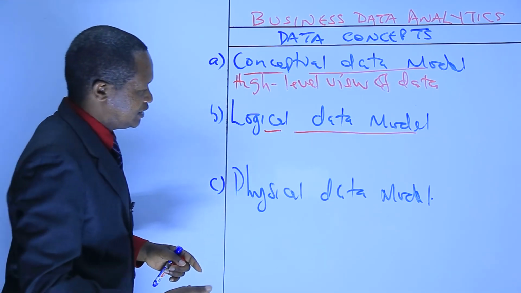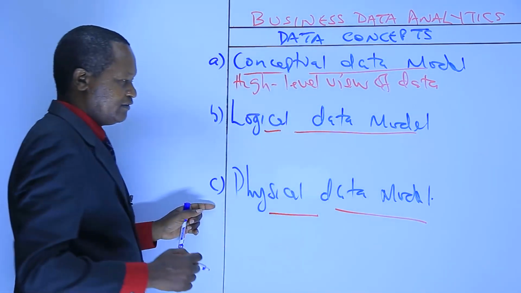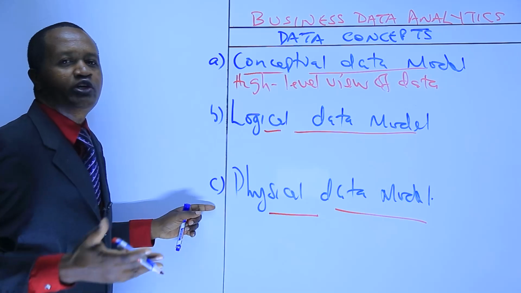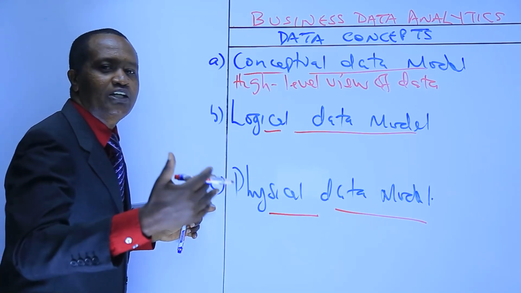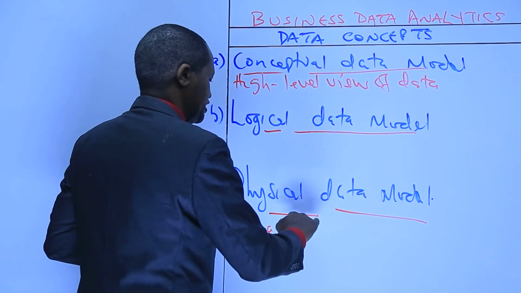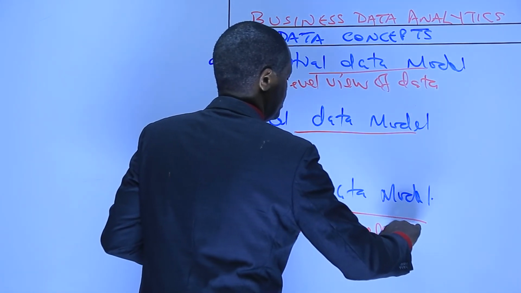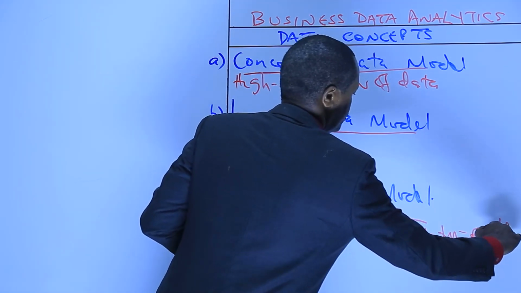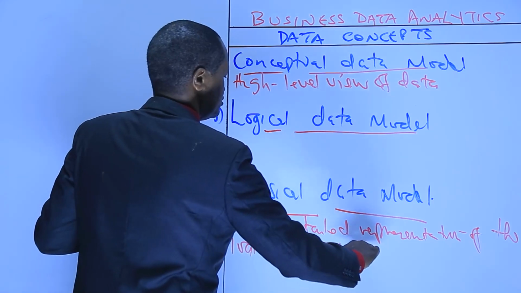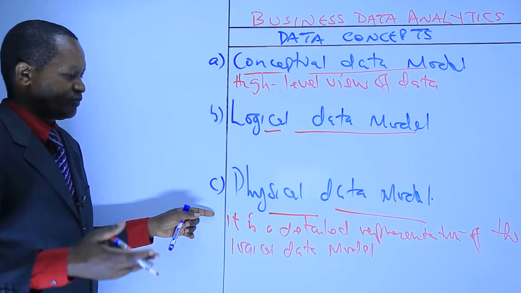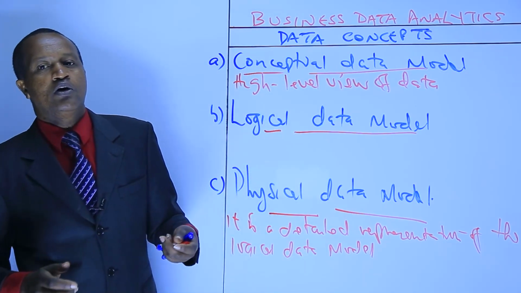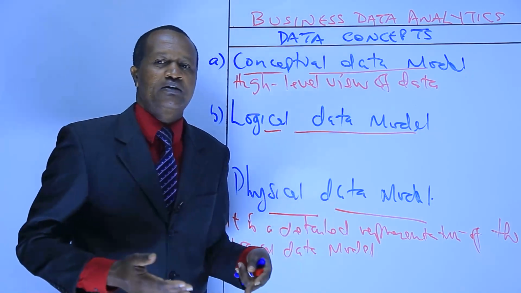Then we have the physical data model. Physical data model is a detailed representation of the logical data model that includes all the technical aspects of data storage, access, and such like.